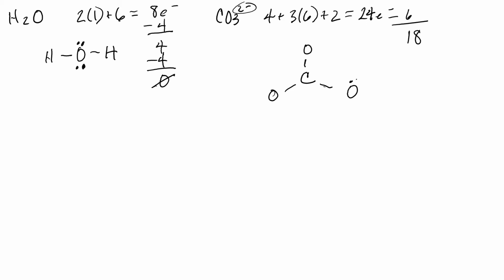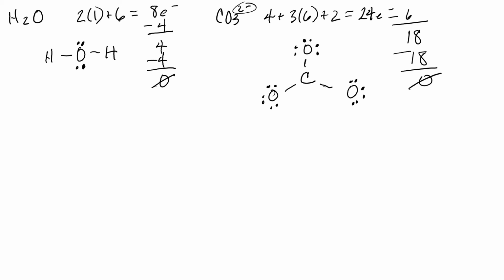And I'm going to give, again, my terminal atoms an octet first. Each of these oxygens needs 6 electrons to satisfy that octet rule. And 3 times 6 is 18. So I've used all of my valence electrons. So carbon still needs 2 more electrons. So that means we have to form a double bond.